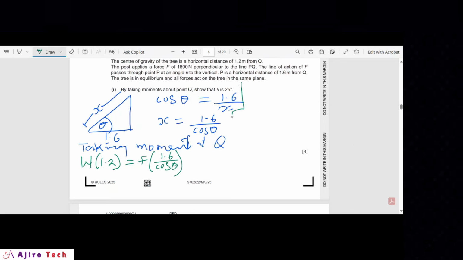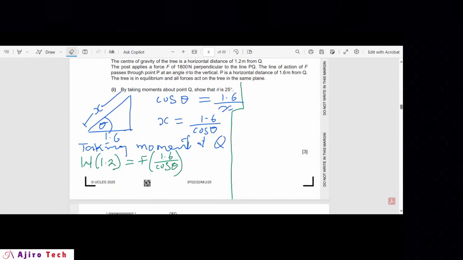So inputting the figures and working it out, I'm looking for cos theta, so let me first make it the subject of the formula.